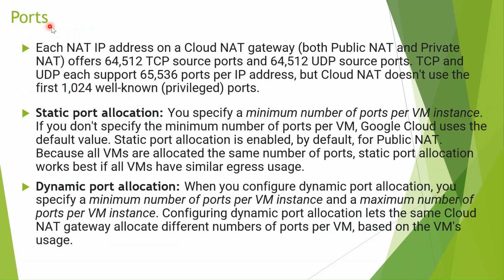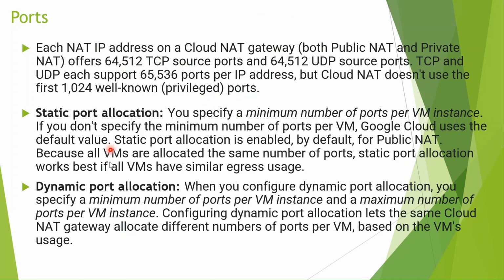After that, we have port options. As we know, there are a total of 65,536 ports, out of which Cloud NAT doesn't use the first 1024 well-known ports, which are also known as privileged ports. So basically it only uses about 65,500 ports for TCP, and the same for UDP.